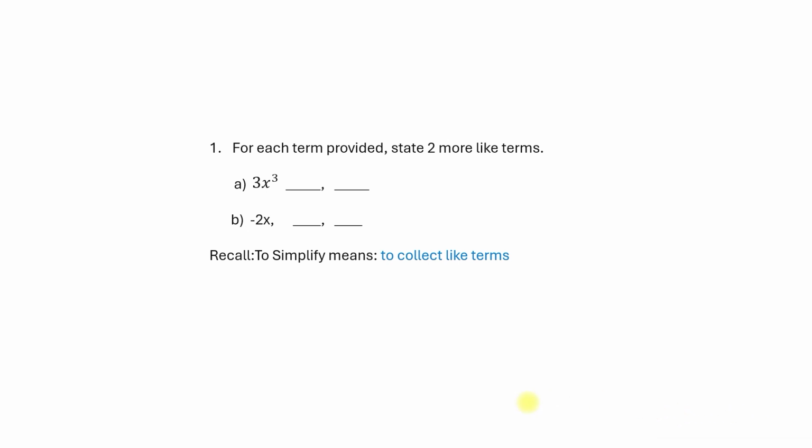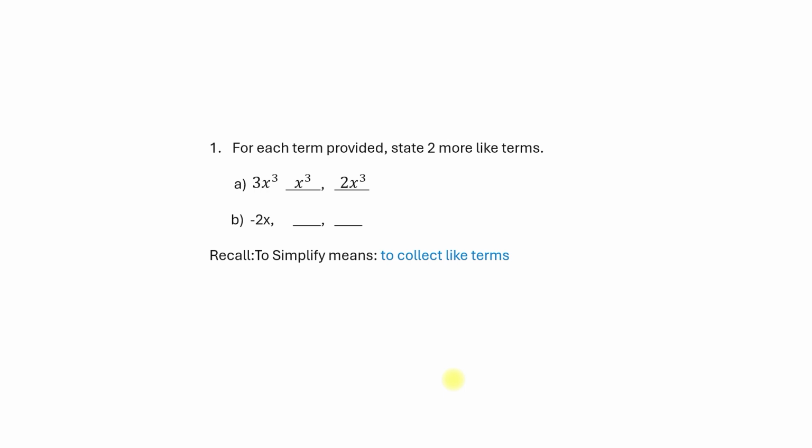For example, this first one, x cubed, same variable, same exponent, different coefficient. 2x cubed is also a like term. It's got the same variable base, x, and the same exponent, cubed, but the coefficient is different.